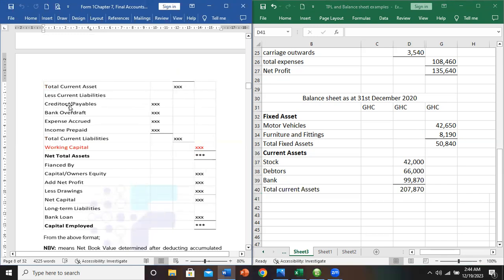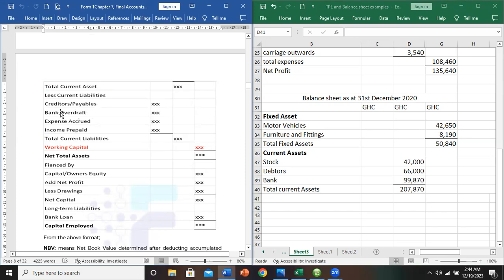And again, let's look at the liabilities. We have creditors, bank overdraft, expenses accrued, and income prepaid. Again, the last two are not in this question because we don't have any adjustment or additional information. Okay. So let's watch out for creditors and any bank overdraft.